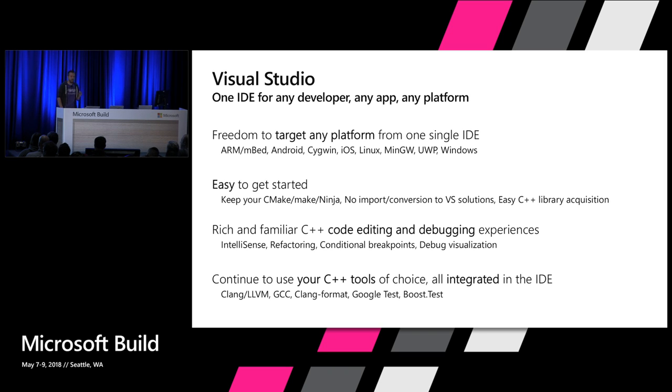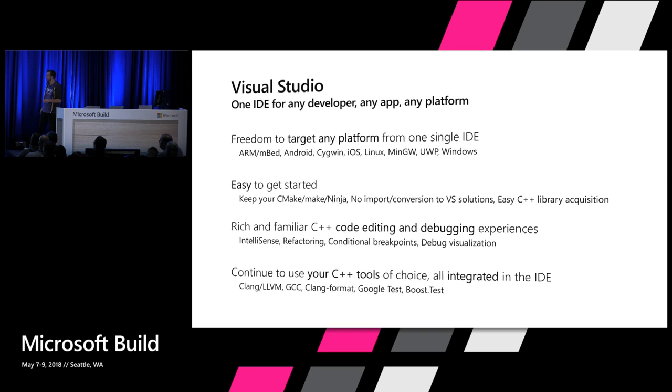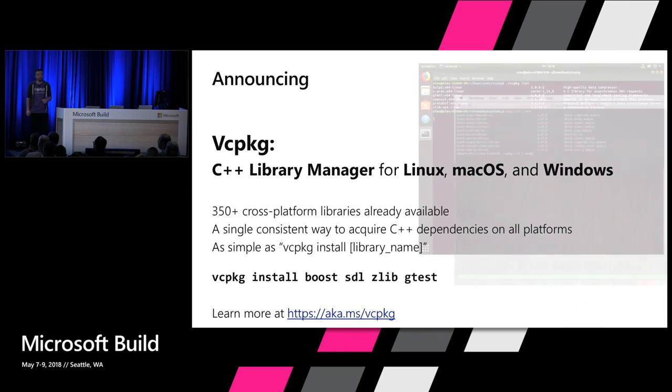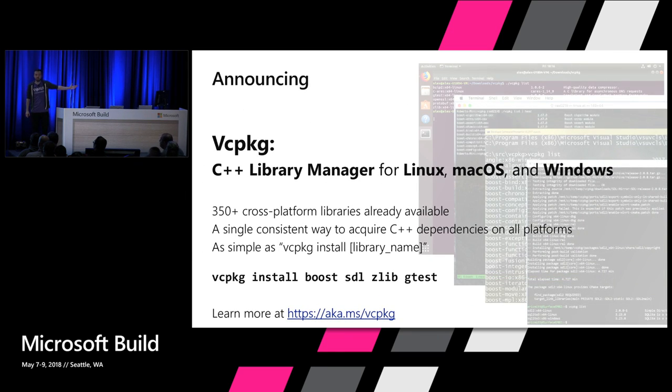But before I do, I want to talk about another announcement that we made this month that pertains to this topic. VC Package, which is the package manager that I was mentioning earlier, is now available for Linux and for Mac. So this means that you can acquire all C++ libraries in a consistent manner.